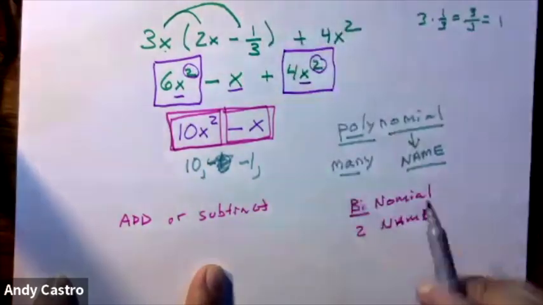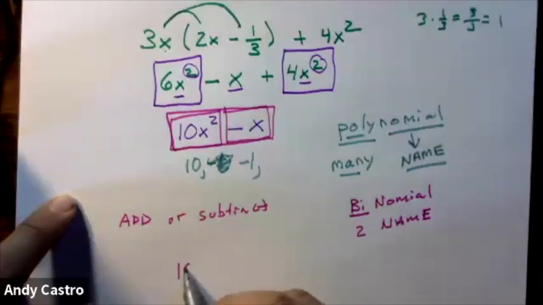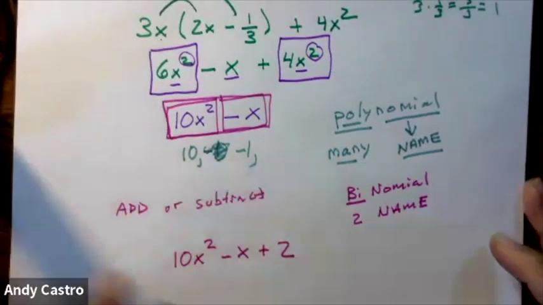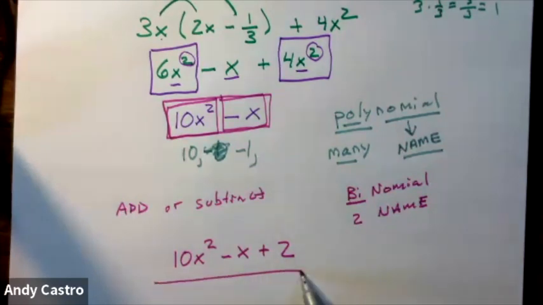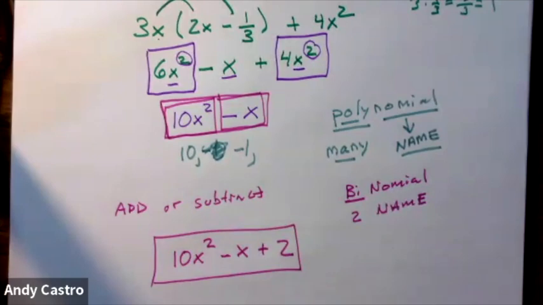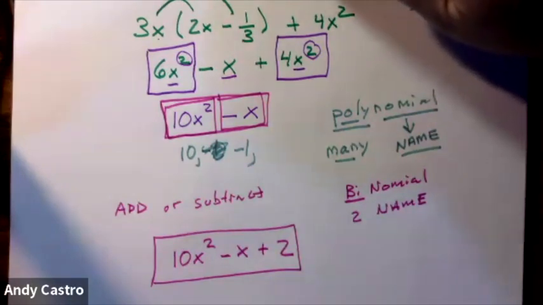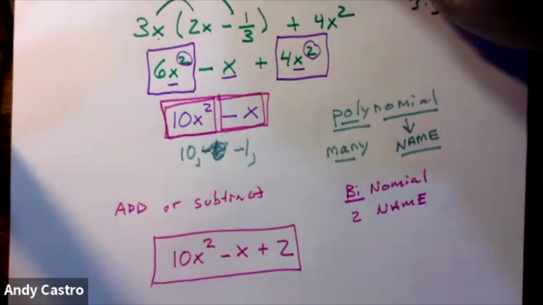Hold on. There we go. If I had 10x squared minus x plus 2, let's say I had that expression, message me, how many terms do you think are in this expression right here? Terms are things we add or subtract. So put it in the chat.